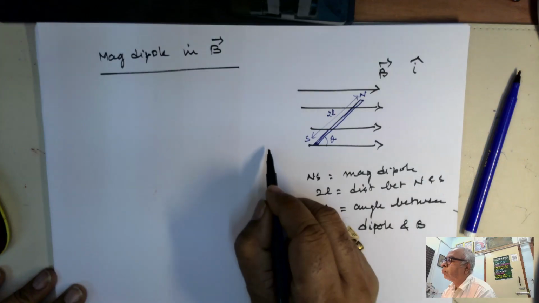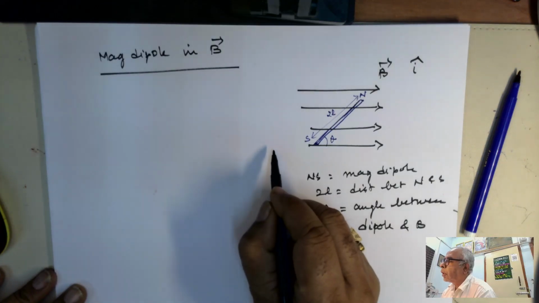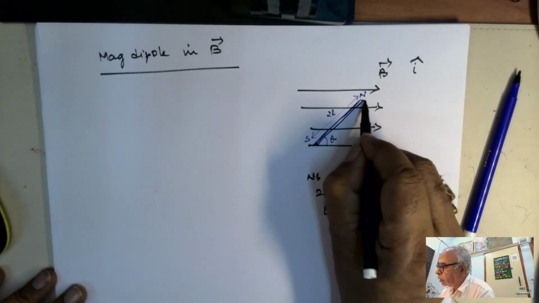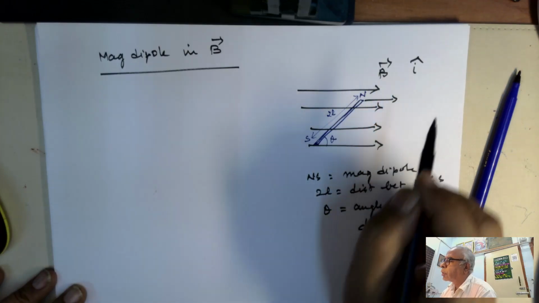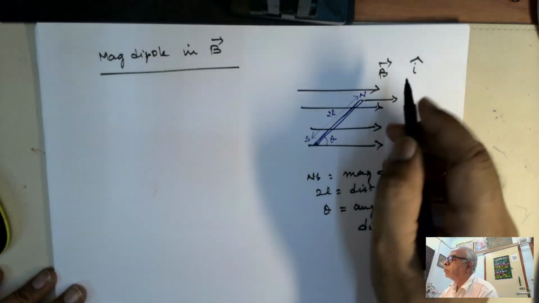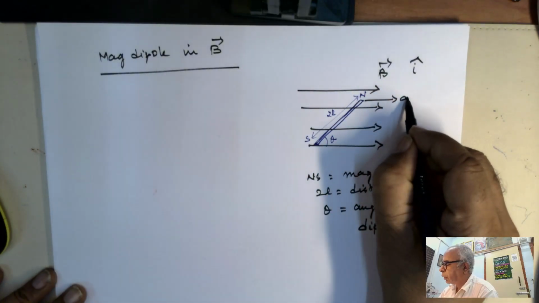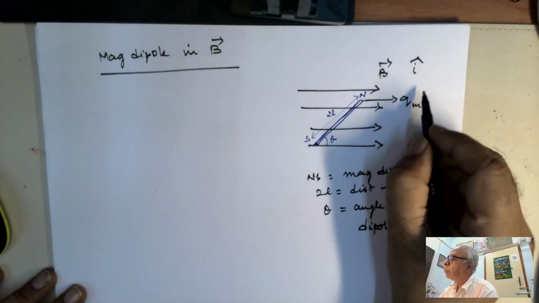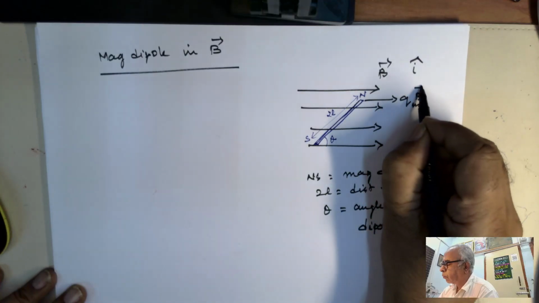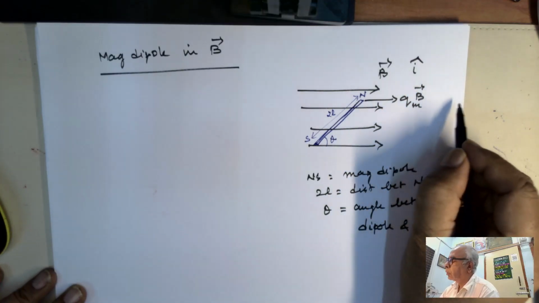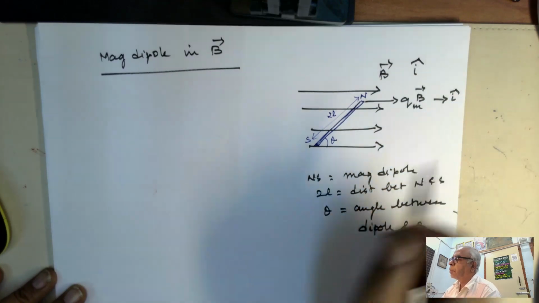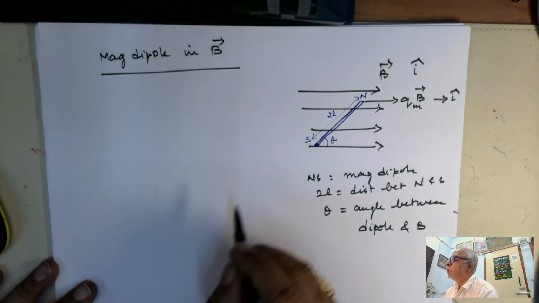You know, there will be a torque, that is twist, in this direction. So it is QM B vector along the I cap, that is positive x-axis.